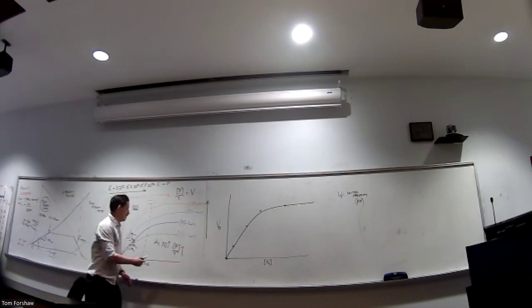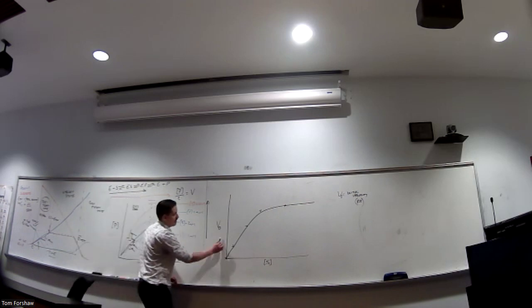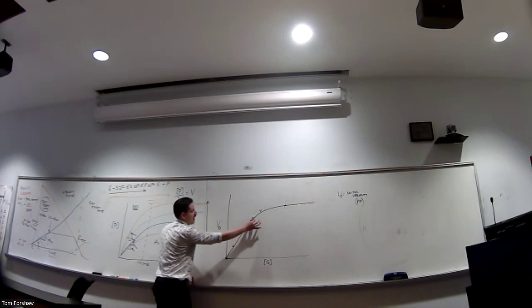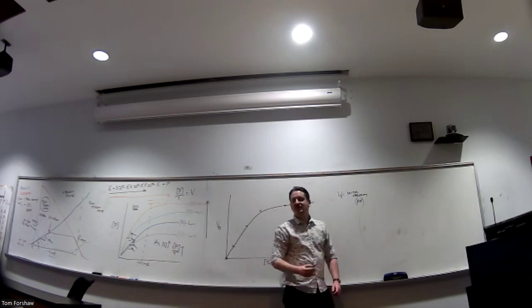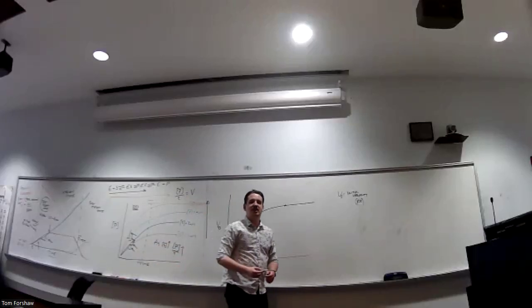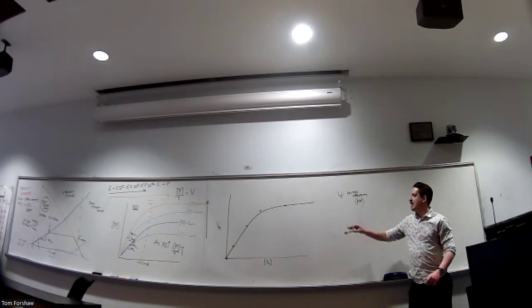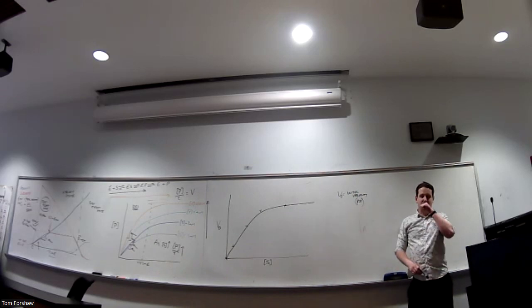The velocity increases as the substrate concentration increases. And what I haven't shown awfully well is that maybe the 10 point is about the same as the 8 point. I just didn't draw that particularly well, but it's going to keep doing that until it gets saturated. And you get this hyperbolic curve like this.